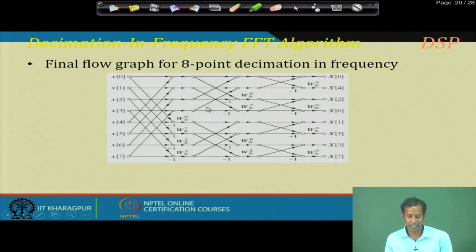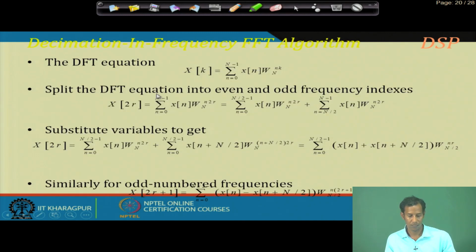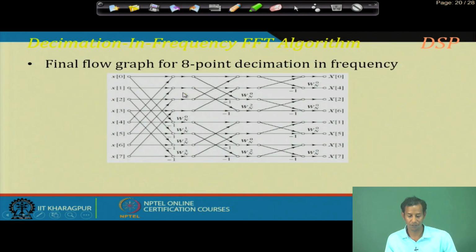The earlier one was the graph for decimation in time. So, this is for decimation in frequency. In decimation in frequency, the input should be given in order, whereas I will get the corresponding output in the bit reversed manner.